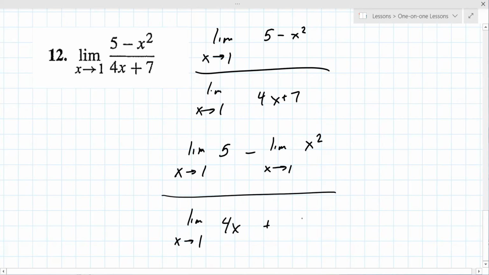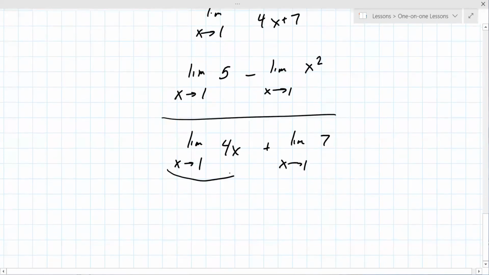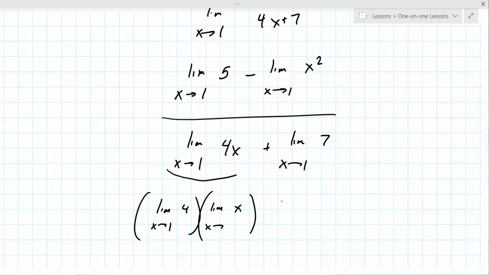So just literally plug it in, for most of them. Even this one down here becomes the limit as x approaches 1 of 4 times the limit as x approaches 1 of x. I vaguely remember doing this in a calculus class at some point. It's very tedious.